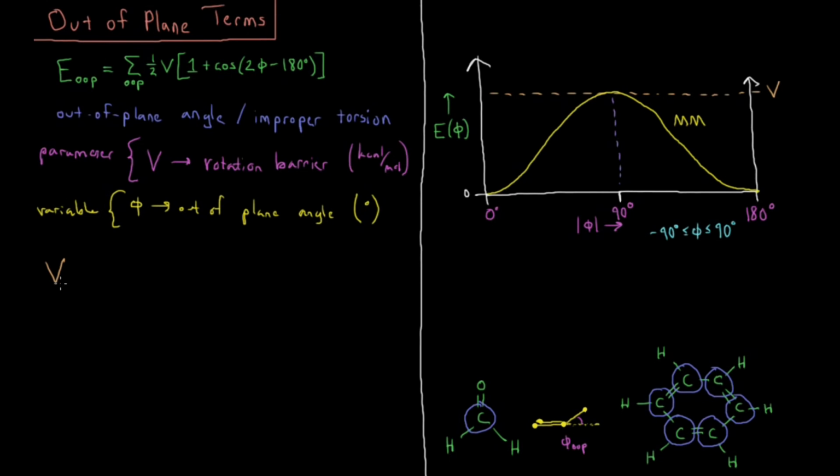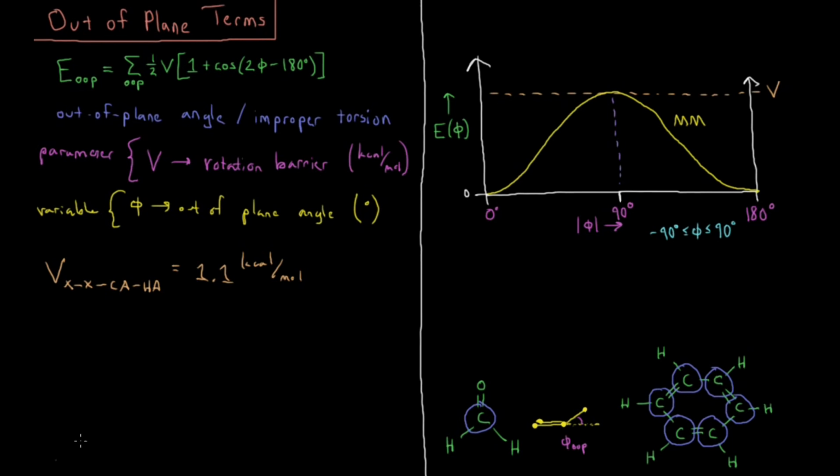So the V for X, X, C_a, H_a, which are the aromatic carbon and aromatic hydrogen in Amber, for carbon, carbon, carbon, hydrogen for this particular out-of-plane angle, equals 1.1 kilocalories per mole. So there's a 1 kilocalorie barrier to these hydrogens going out of plane around this benzene.